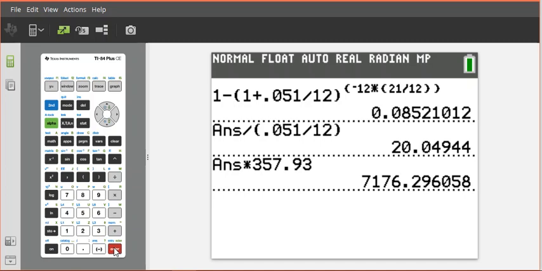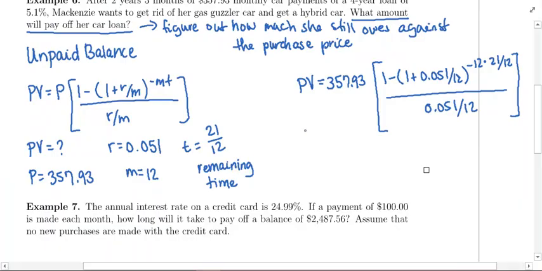This is going to give me how much Mackenzie still owes on her car. It's going to be a dollars and cents amount, so we have to round to the nearest cent. So let's write this down: $7,176 and some change. If we round this, there are 29 cents, and there's a 6 that comes after, so we need to bump it up.